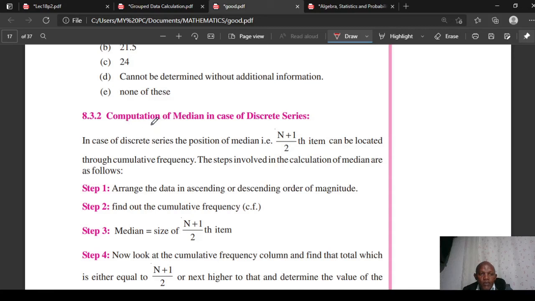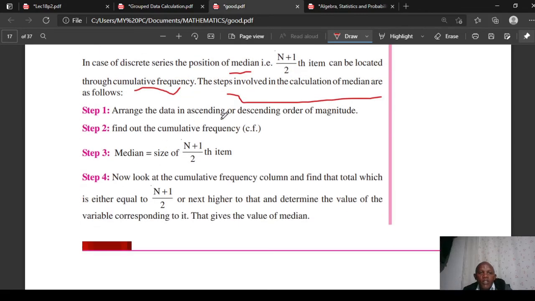Now you have this information here. In case of discrete series, the position of the median is n plus 1 over 2, the ith item, which can be located through cumulative frequency. The steps involved in calculating the median are as follows. First, you arrange the data in an ascending or in a descending order. Number 2, you calculate the cumulative frequency.